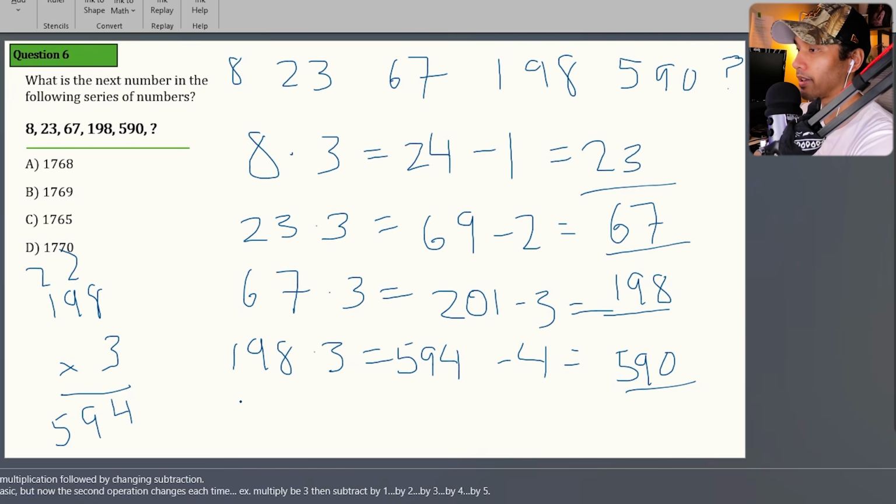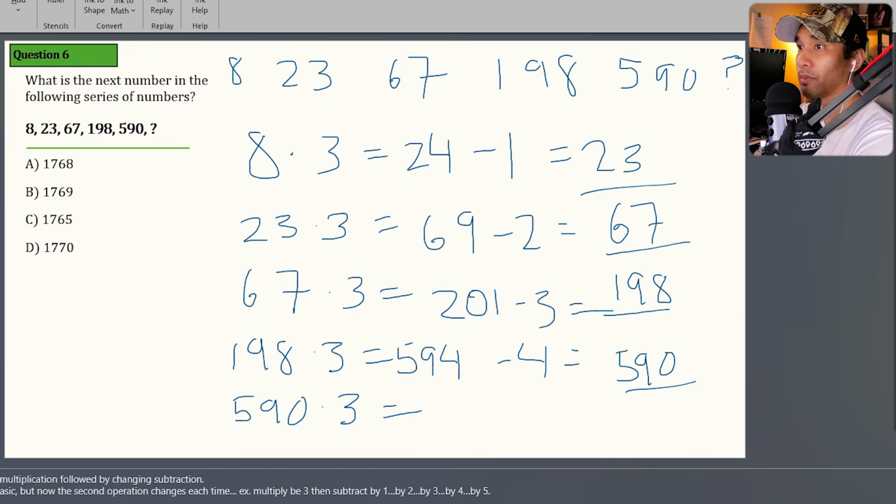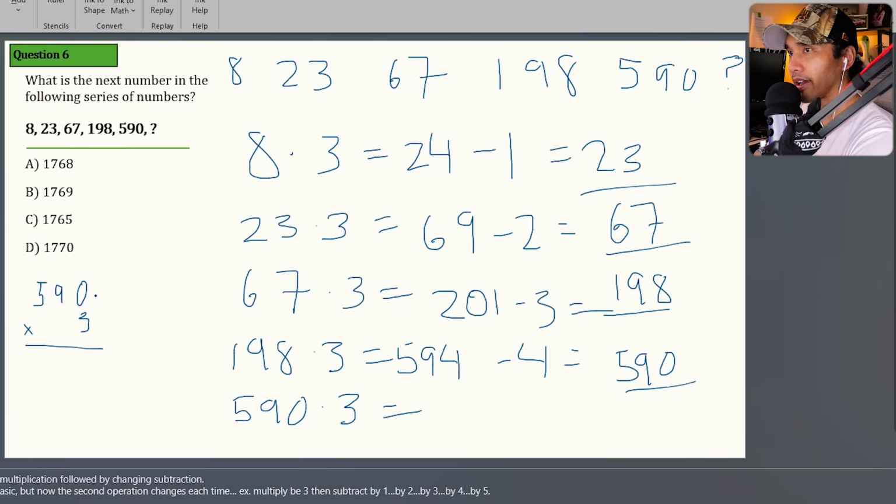So now the next number in the operation is 590 times 3 equals, and I don't know that, so I'm going to write it down in the corner, and this is what I would be doing on the scratch paper. 590 times 3. And, you know, before you take the test too, ask for a lot of scratch paper. I didn't like how they gave me just one piece of scratch paper.